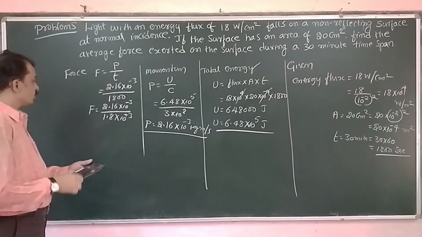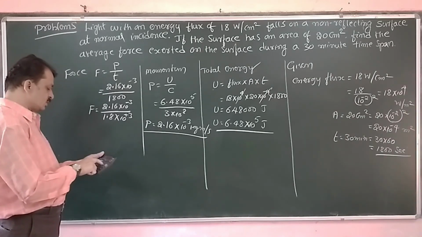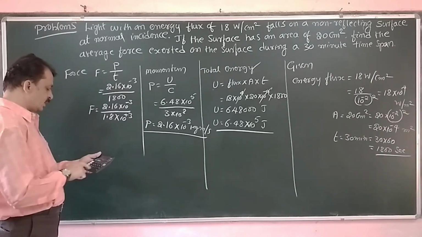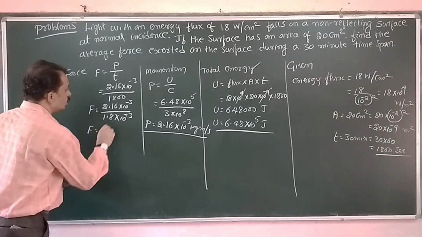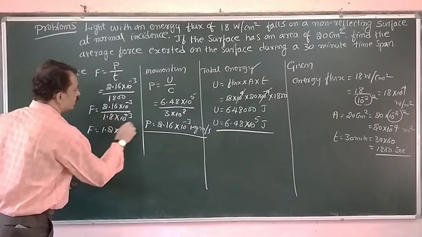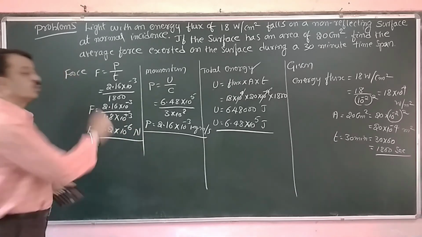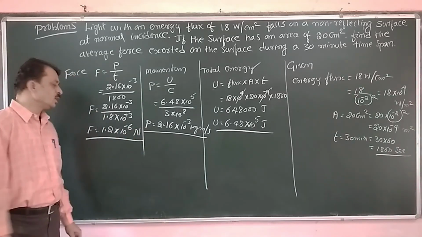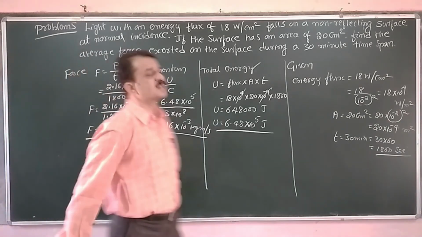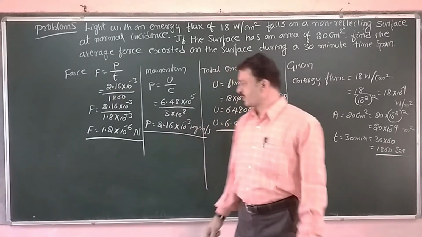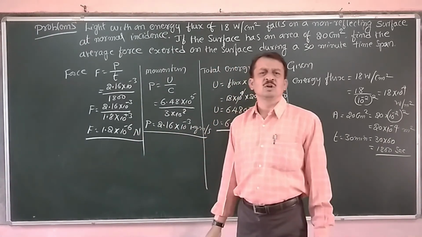So 2.16 divided by 1.8 gives, therefore, force is equal to 1.2 into 10 to the power of minus 6 Newton. This amount of force is exerted on that surface. It is a very small force.